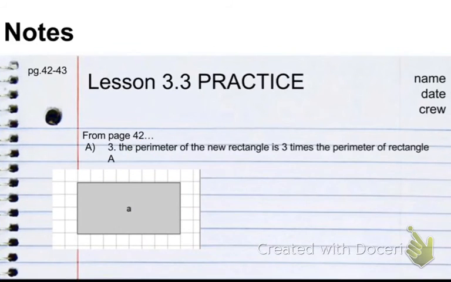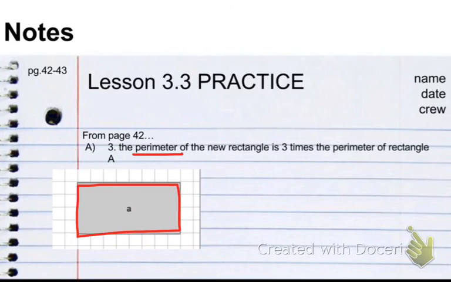And for the last one, the perimeter of the new rectangle is 3 times the perimeter of A. Well, I need to find out what my new perimeter is going to be. Well, here's the fun thing about perimeter. How do we find perimeter? Perimeter is just finding the length of all the sides, and in this case I'm multiplying by 3. Does perimeter go up along with scale factor the way that a side length does? Absolutely.